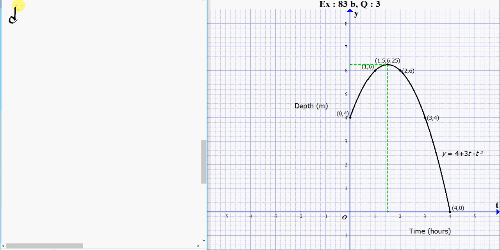Since the minimum depth is 5 meters, we have to draw a line parallel to x-axis from this point 5, and we have to draw up to this point.